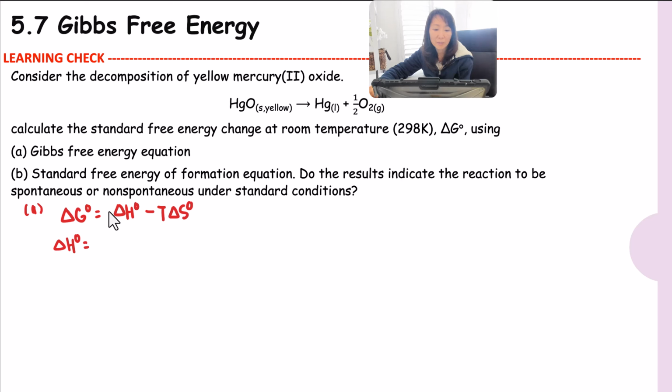So that will be the summation of the H of the products, and my products are liquid mercury and half of the oxygen.